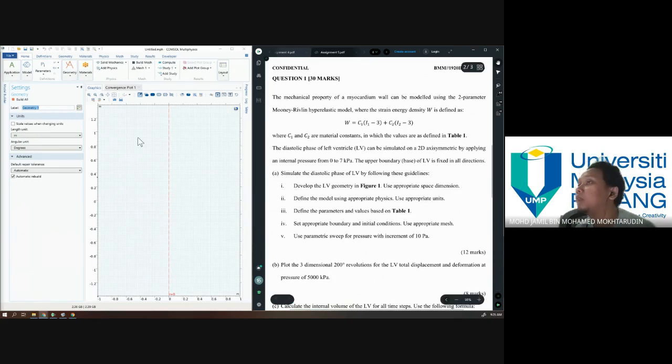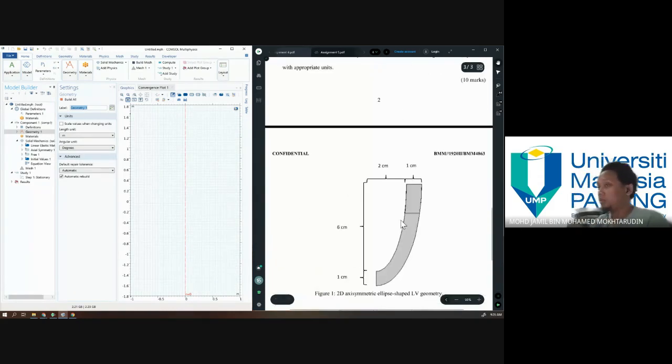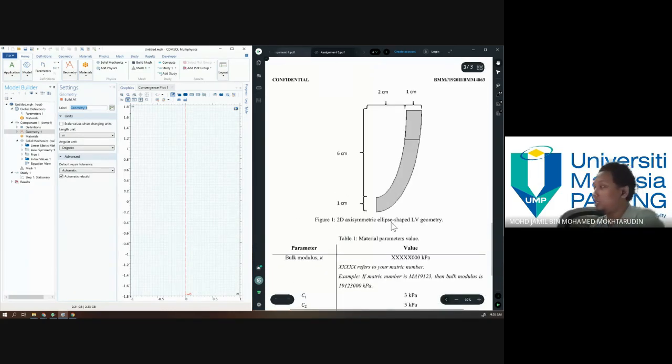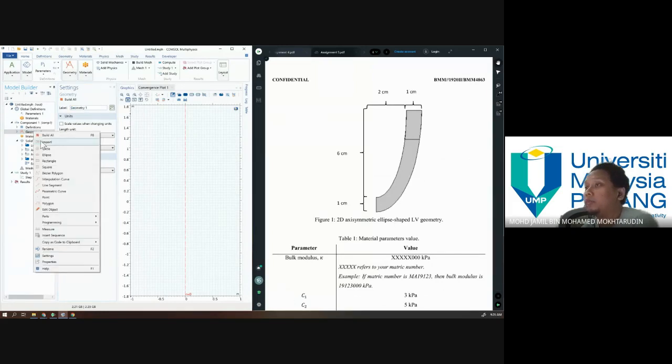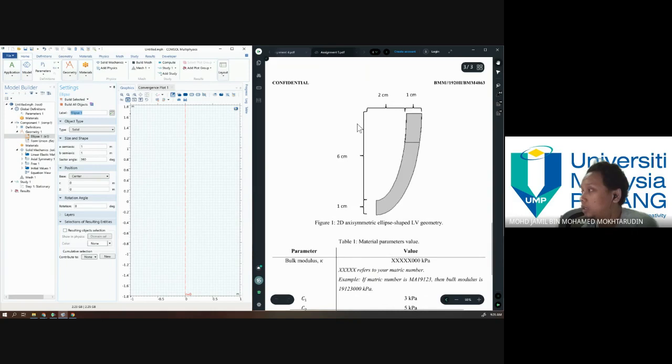Okay, so we can start by drawing the geometry. So here it is ellipse shape. So we can draw ellipse. And then the first ellipse, we draw the outer one first. So the outer one has, I think this is A axis, 7 cm.